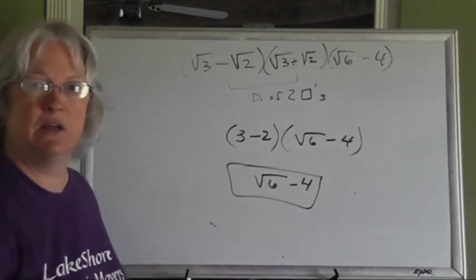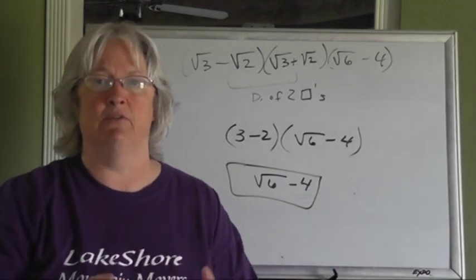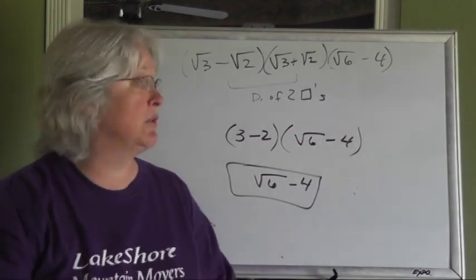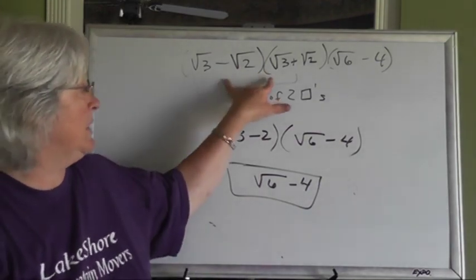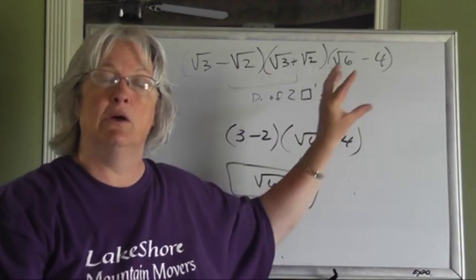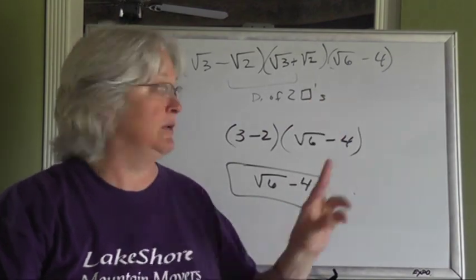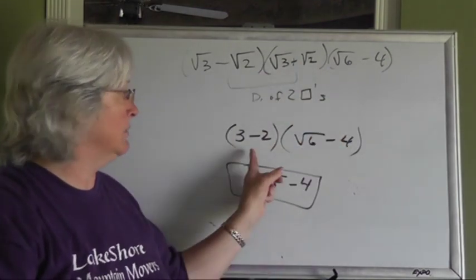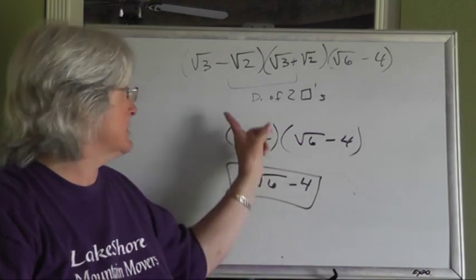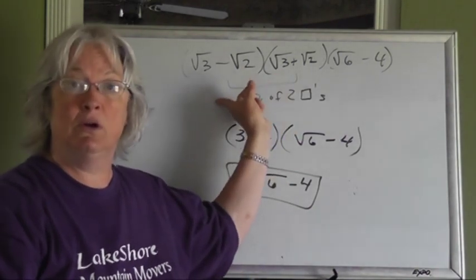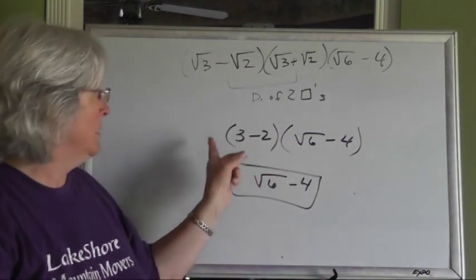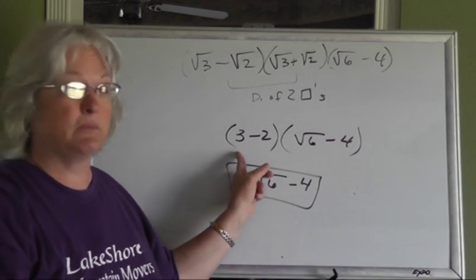Remember that any time that you have three factors that you're multiplying together, first you're going to multiply two of them together, then you may have to use FOIL again. We didn't here because the product of two of our binomial factors was simply a 1.